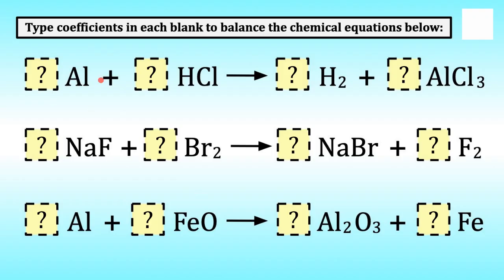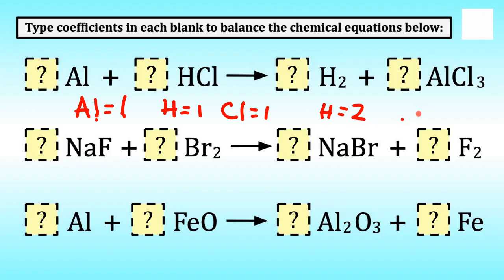All right, so let's do the coefficients here. So again, I'm going to make a count on this side, the reactant side. I have 1 aluminum. I have 1 hydrogen and 1 chlorine. On this side, I have 2 hydrogens.